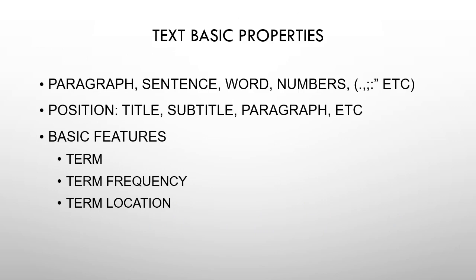So the basic properties of a document include the paragraph. A document consists of paragraphs, paragraphs consist of sentences, sentences consist of words, and there could also be numbers and special punctuation marks for the sentence, like point, comma, semicolon, colon, quote, etc. Note that these marks may not be needed in our processing, so we could remove them.